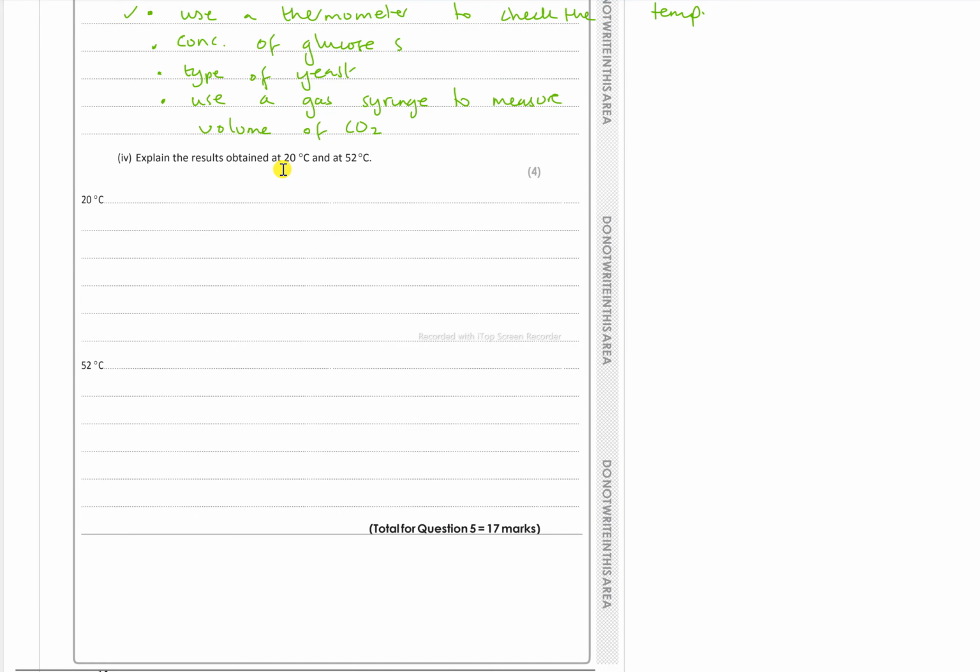Right. So explain the results. At lower temperatures, right, this is the standard answer.